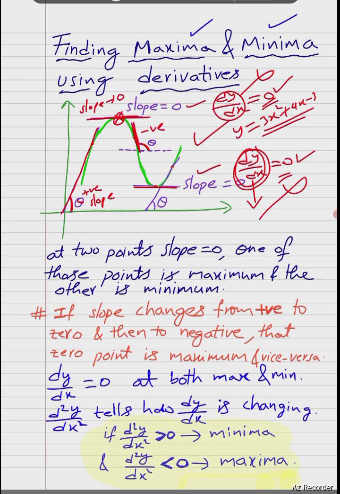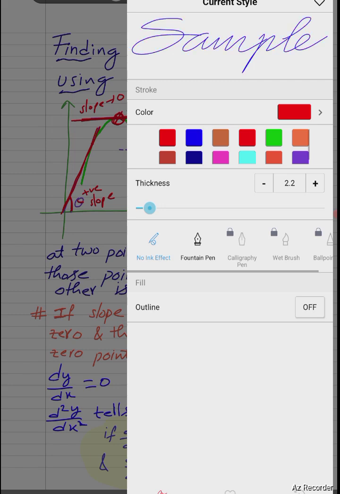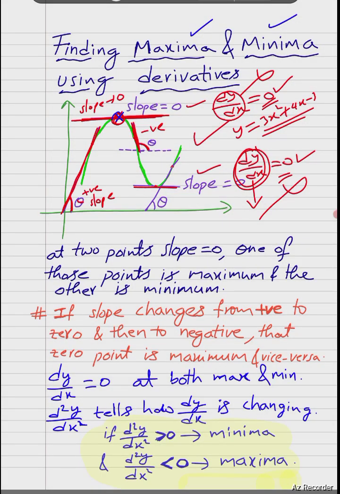So near this maximum value, initially the slope is positive, then 0, then negative. Once again, observe carefully. Before the maximum point, the slope is positive, at the maximum point the slope is 0, and after the maximum point the slope is negative.